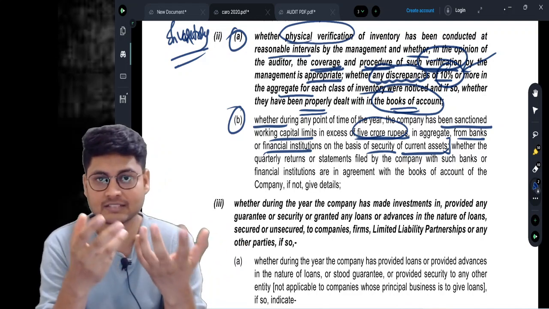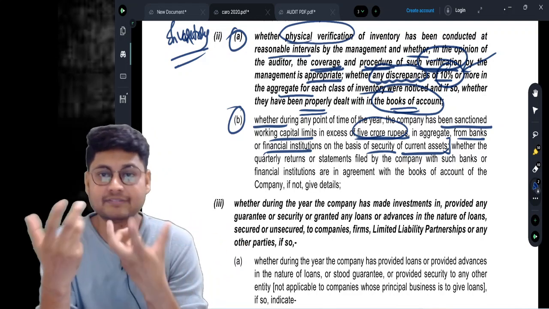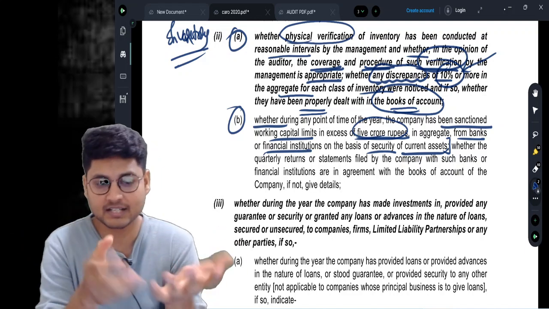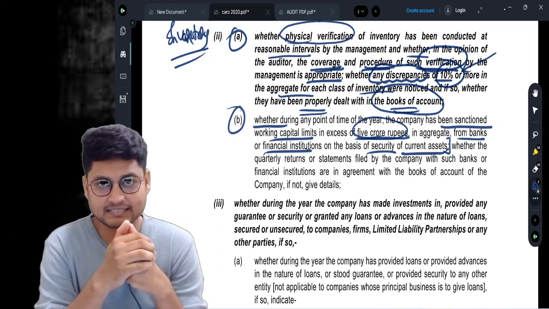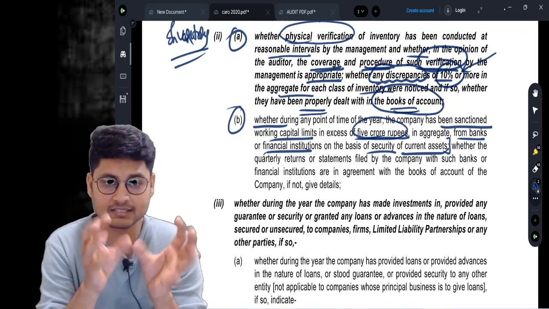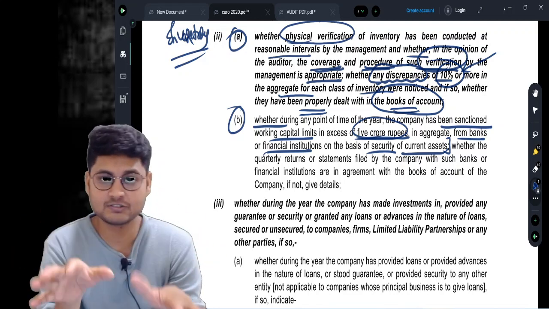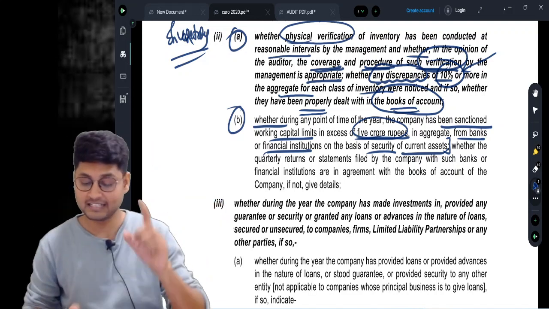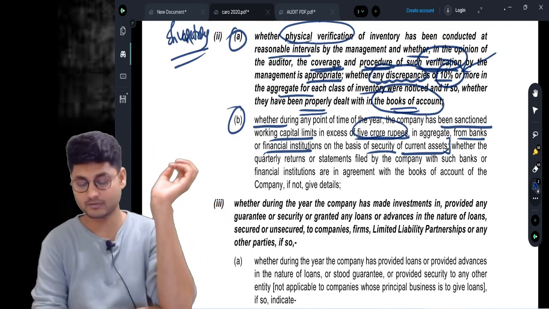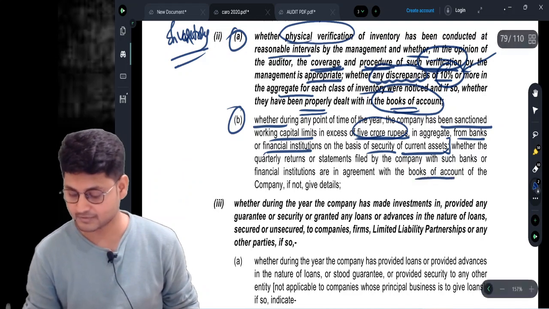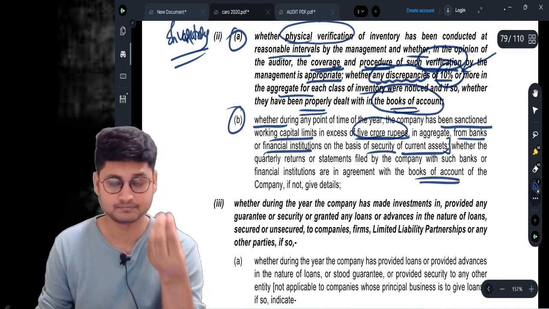Generally we hear the word stock audits. Some chartered accountants from CA firms will go and verify the stock and give the report to the bank. Those quarterly returns, are they filed or not? If they are filed, whether they match with the financial statements or not, that is, the books of accounts. That is what we need to report.